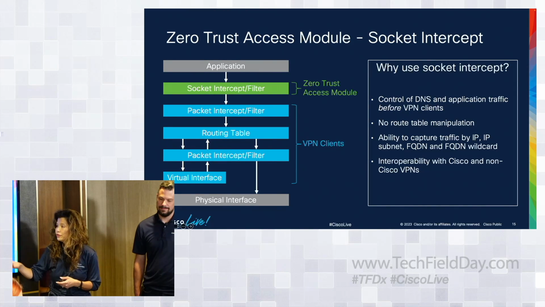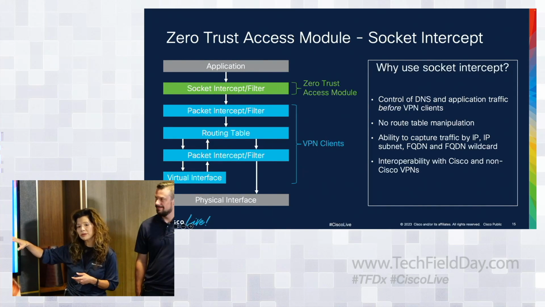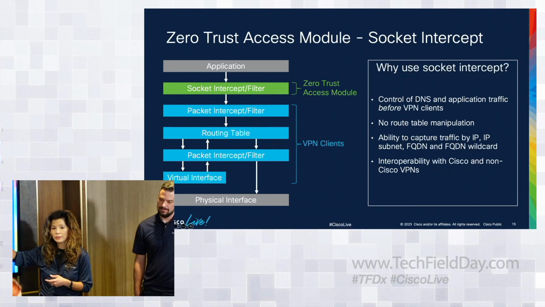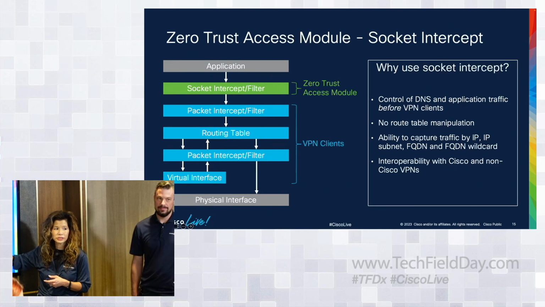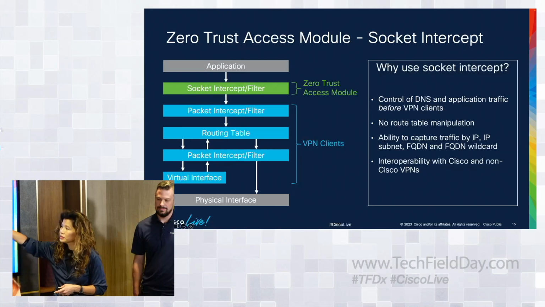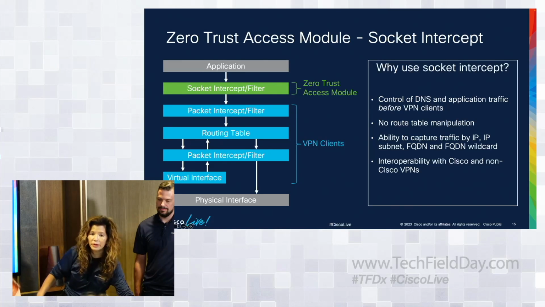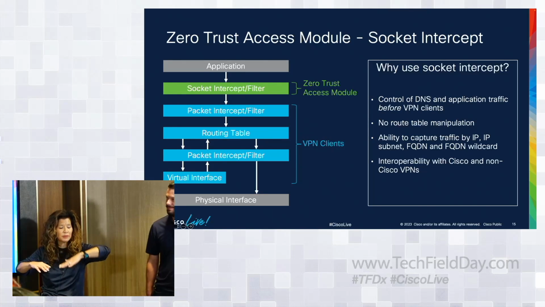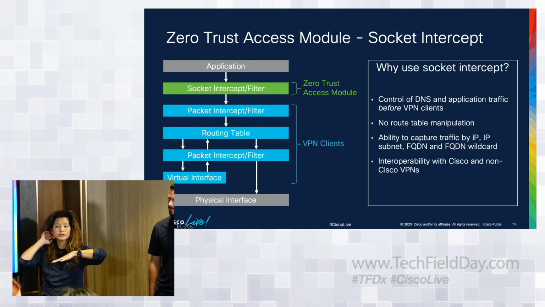Okay, moving on to diving a little more into our client and how it actually works. If we look at this diagram, at the very bottom we can see you've got VPN down here. Now we're using our QUIC and MASQUE protocols, but with our client we're now also intercepting traffic at the socket level.